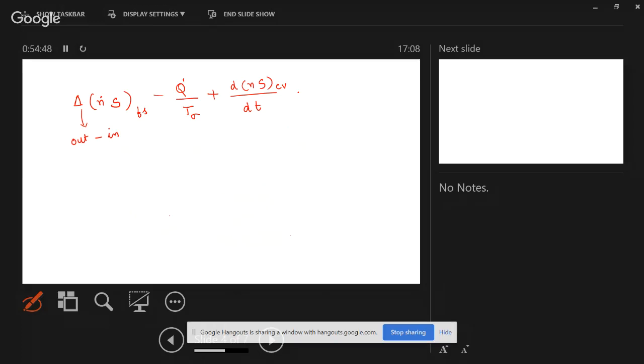So this is the total entropy in minus out within the control volume plus the accumulation terms, and this will equal the rate of entropy that is generated. Right. So the sum of all these terms, in minus out plus the accumulation, would give the rate of entropy generation in a particular scenario. I hope that answers your question.